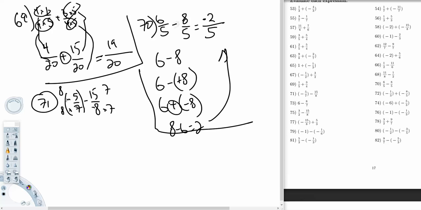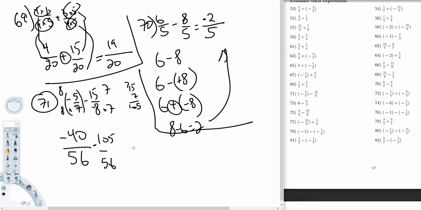8, 7, so for this problem, we're going to have minus 40 over 56 minus 7 times 15. I do not know what that is by heart. It's 105. Minus 56, 8 times 7, 56.